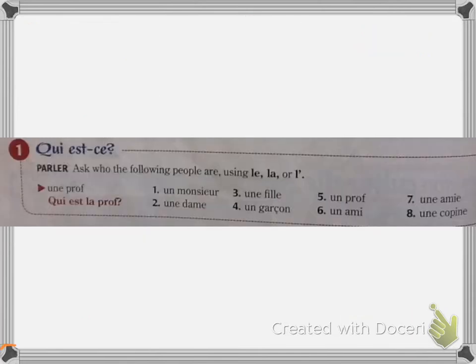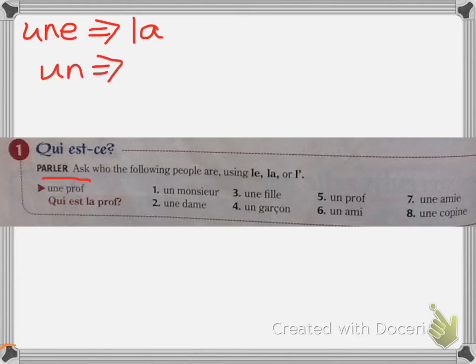So let's take a look at exercise 1 in your textbook. This is on page 32. It's key S. Ask who the following people are using le, la, or l' apostrophe. So notice our example here, right? We're given une prof. Because it's une, remember unes are going to become la. Remember uns are going to become le. And remember, with both of these, I have to be careful.